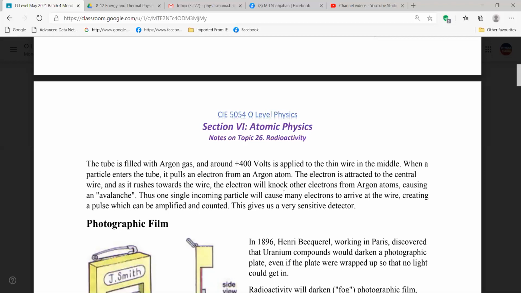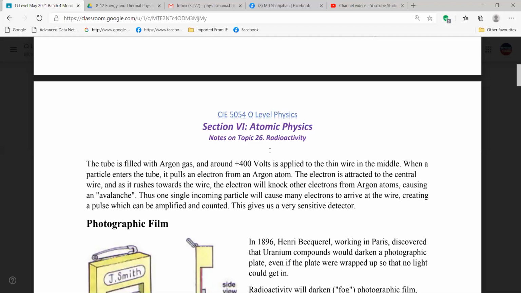What they will do, they will pull the electrons from the outermost shell of the argon, and that electron will go to this plus 400 volts, because plus 400 is a very strong volt. The electron will be attracted to this plus 400 volts. It is very powerful, even more than alpha, right?